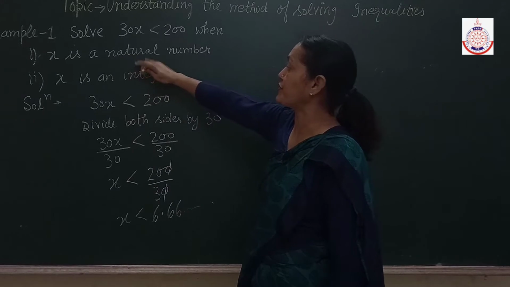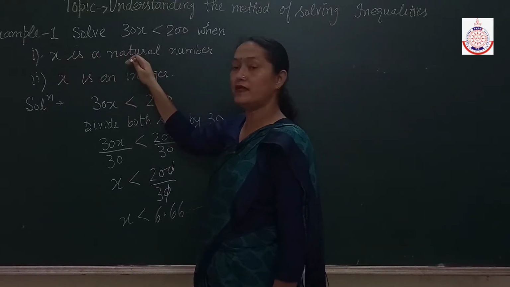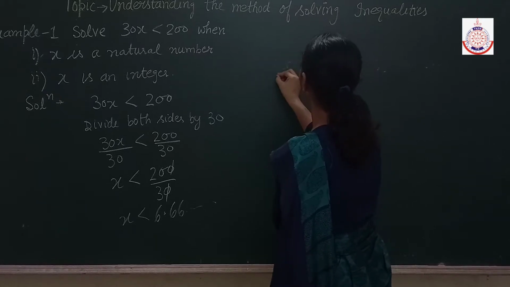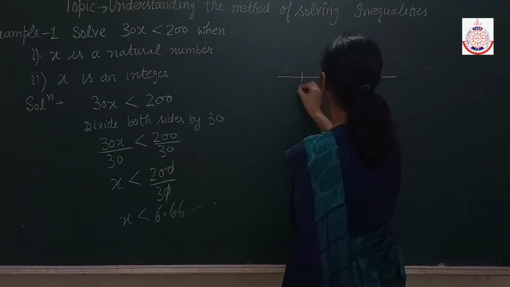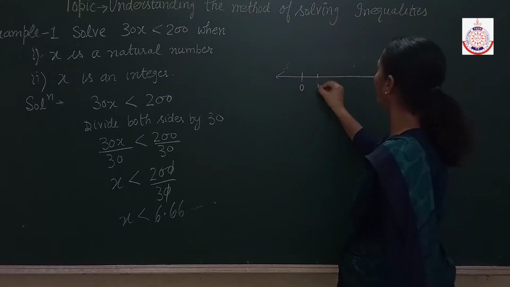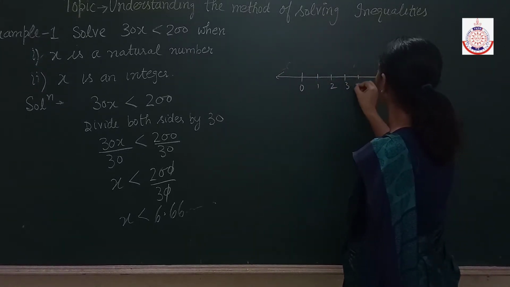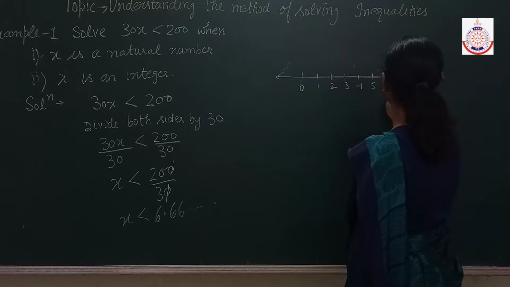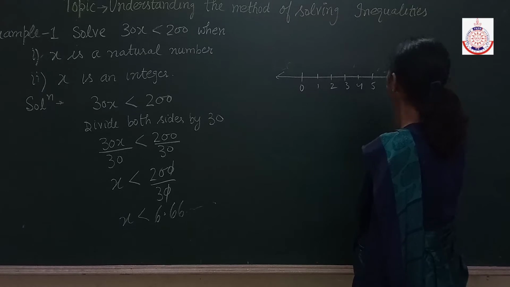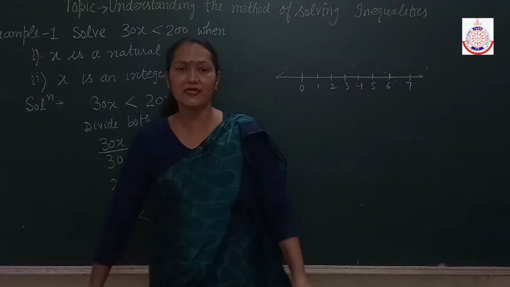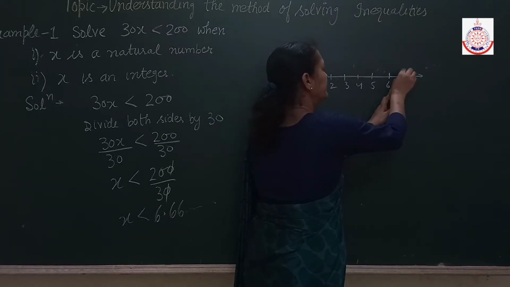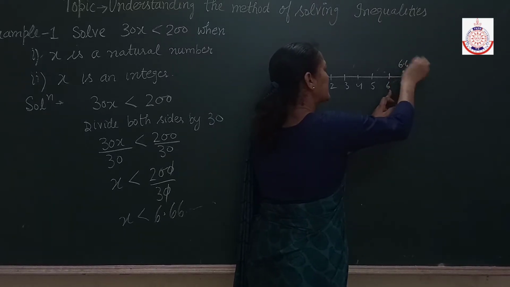Now look at the conditions. First condition says x is a natural number. If you look at the natural numbers, for example I draw this number line: 0, 1, 2, 3, 4, 5, 6 and 7. Now our number is 6.66 something, means somewhere here it will be 6.6 and so on.